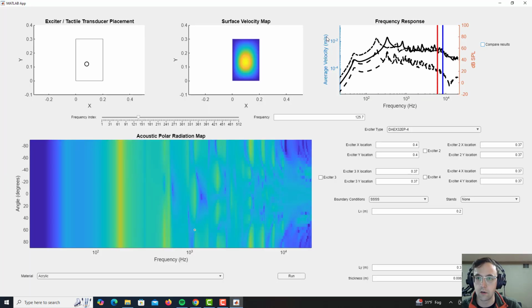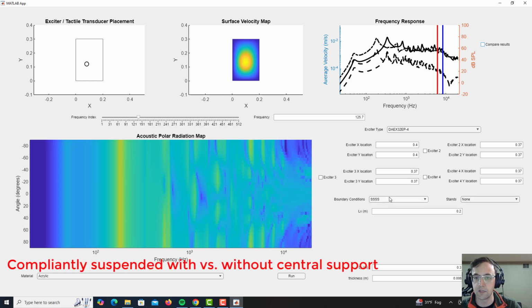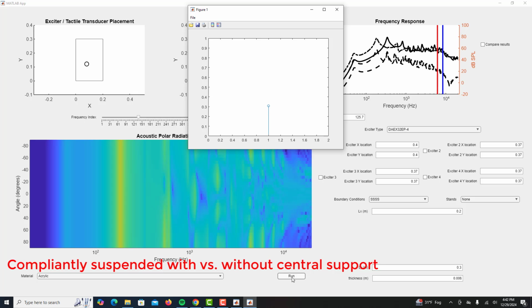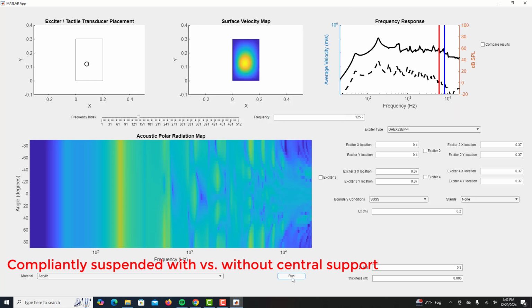So let's go back and just run this simply supported simulation again to get a fresh set of results without the clamped results mucking things up. Okay, so I'm going to compare that then to the compliantly suspended or simply supported panel edges with a center support. So that's going in now.